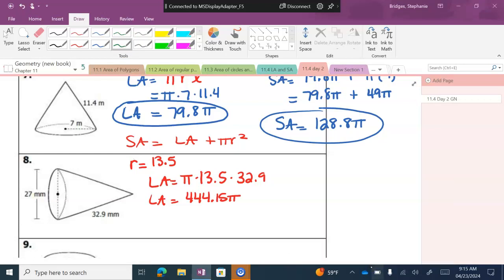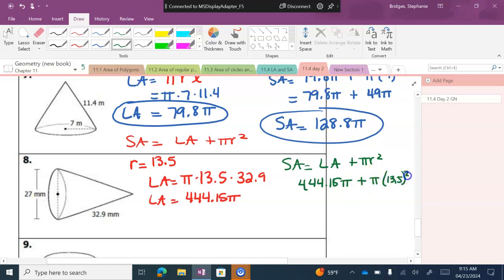And then for surface area, it's going to be the lateral area plus pi r squared. So the first thing I need to do is 13.5 squared. Get 182.25 pi.